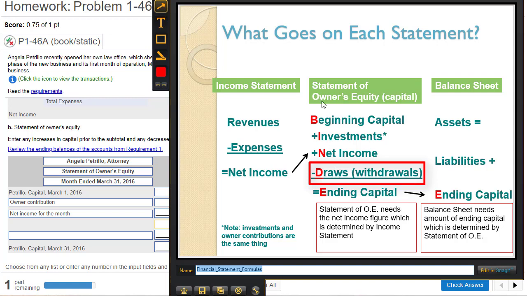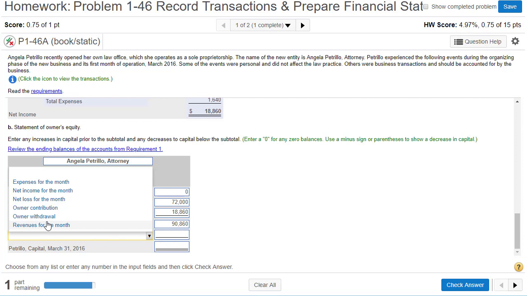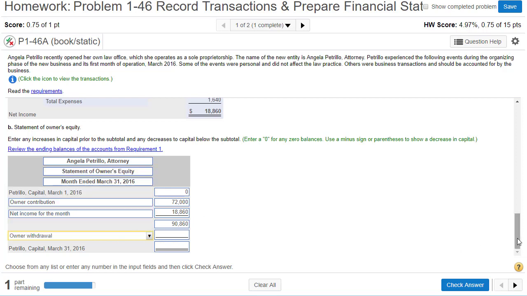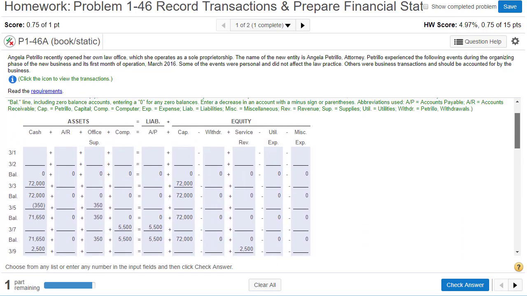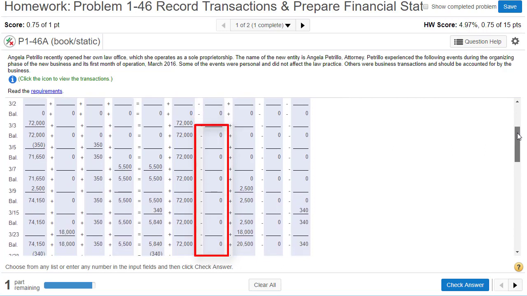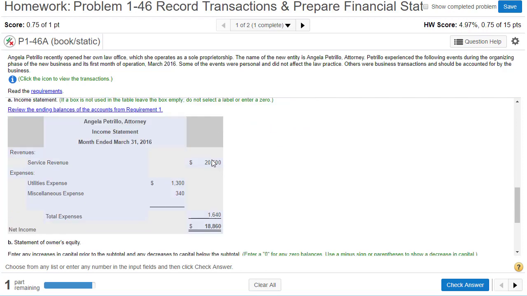And then the last thing we're going to add or subtract is the draws. So we're going to subtract our draws. So these are withdrawals, also known as draws, owner withdrawal, and scroll back up to find out the company's withdrawals. So the withdrawal account is right here. Scroll down. So it looks like we had a total of $2,000 of withdrawals.